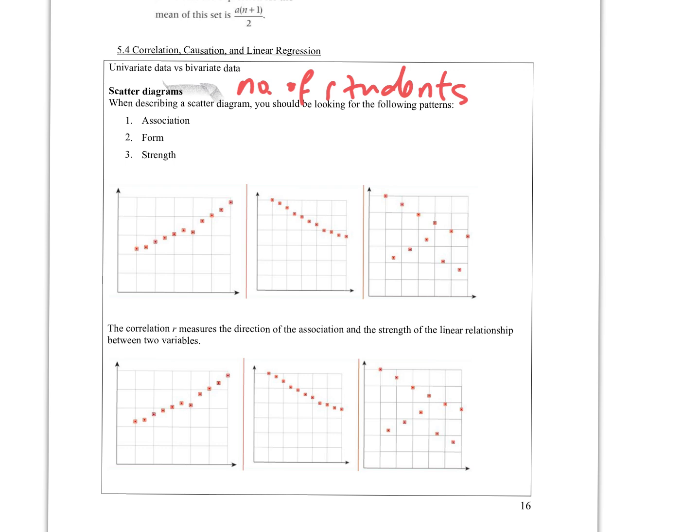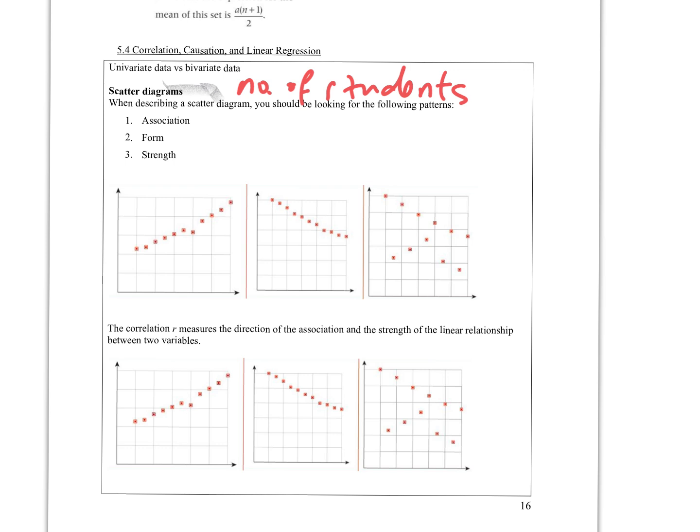As you have learned about scatter diagrams or scatter plots in IGCSE, we're just going to go through a quick review. When describing a scatter diagram, you should be looking at the following patterns: association, form, and strength. If the pattern goes up from left to right, it has positive association.